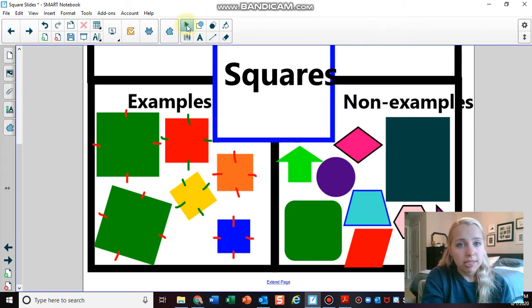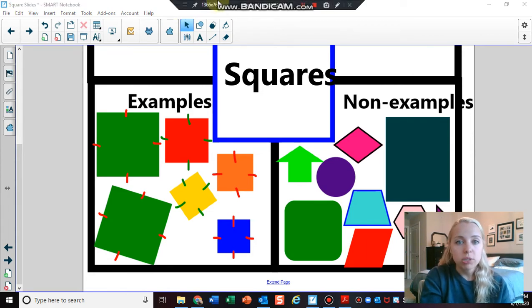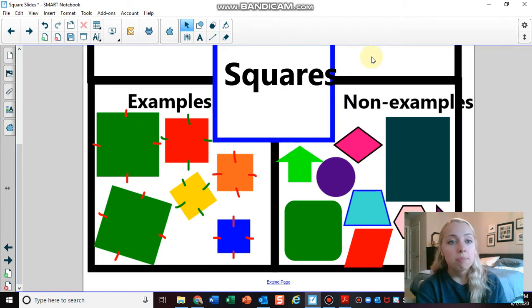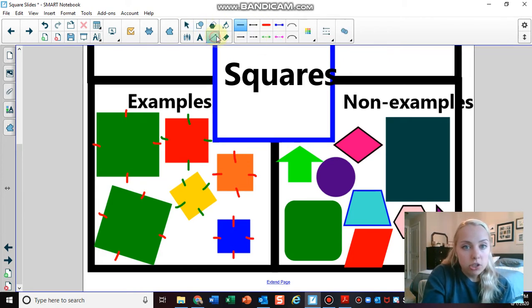Something else that a square must have is a right angle. Now remember, yesterday in our live session we talked about what right angles are. We're going to review that in our next video, but I want to review here just quickly what a right angle is. Remember, a right angle are angles that are perfectly square.